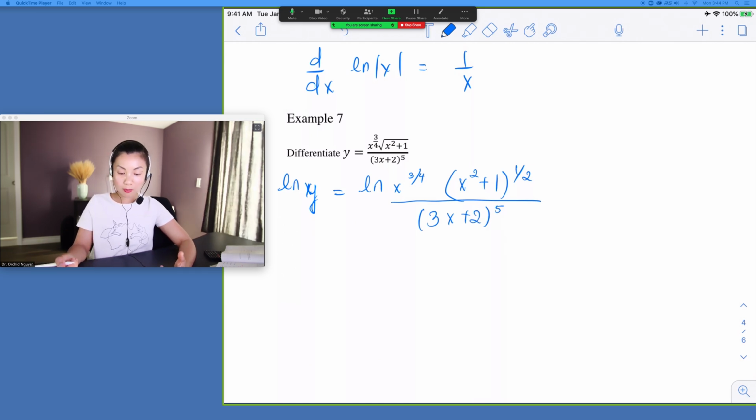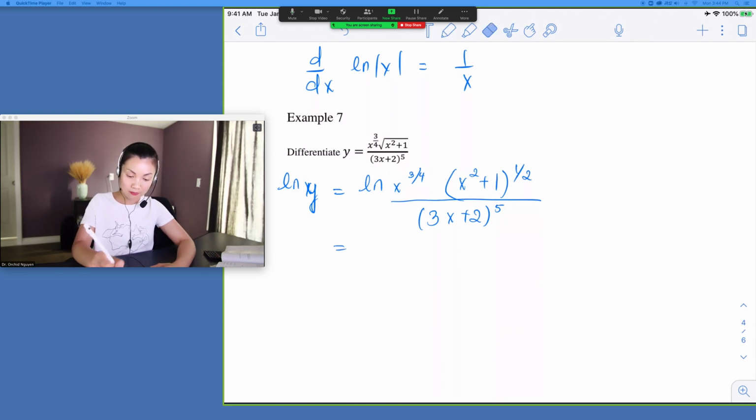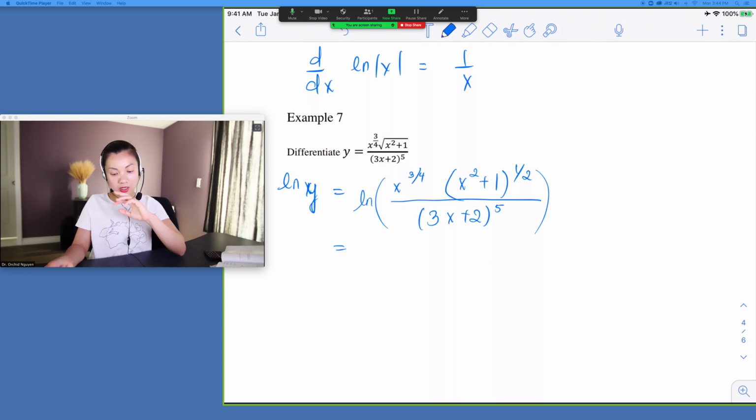Hopefully you remember the properties of log. So when you apply log for the whole thing, you can use the product and the quotient rule.